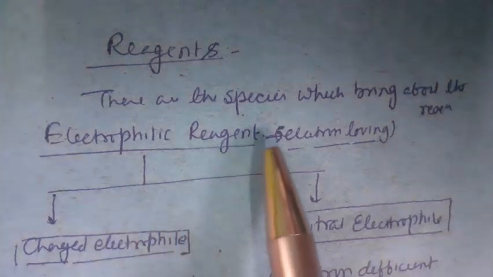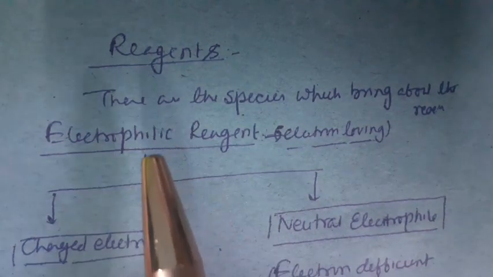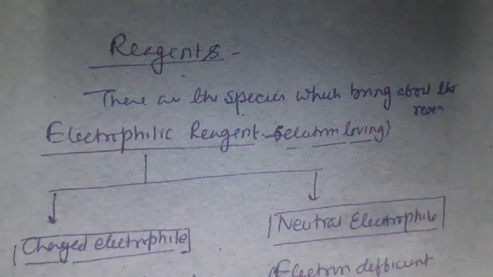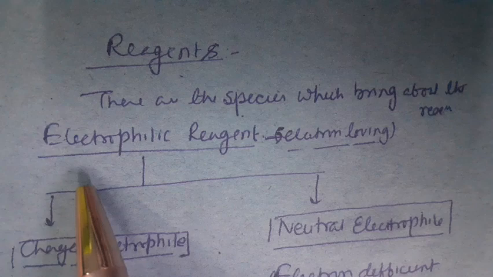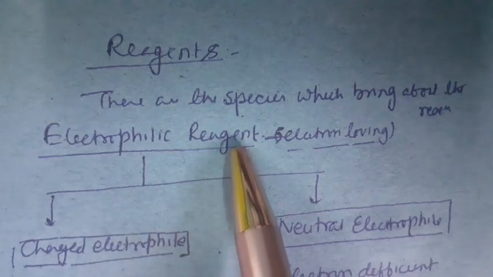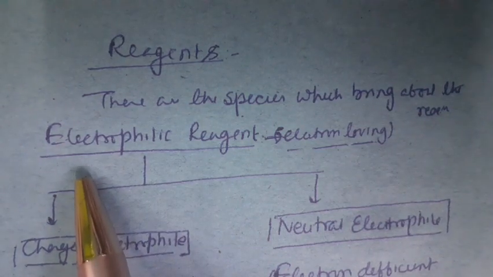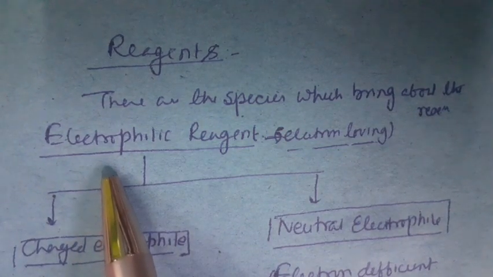So you can note it down: reagents are the species which are the main cause of a chemical reaction, and without a reagent the reaction is not possible.